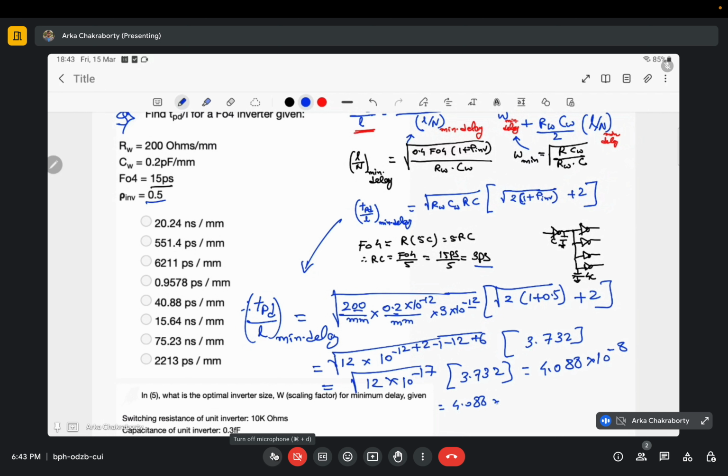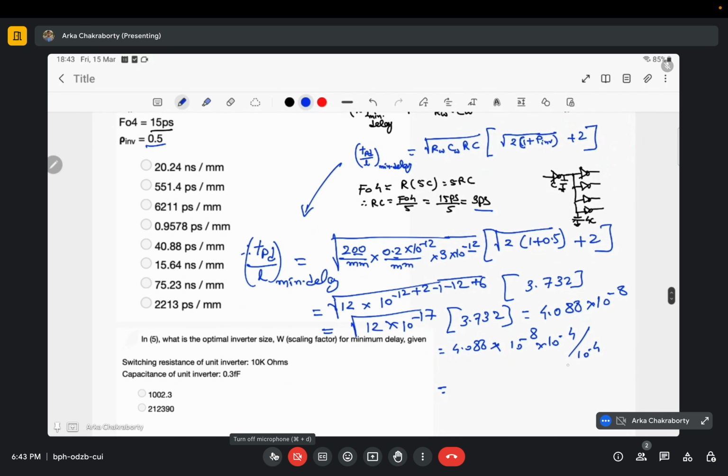And 10 to the power minus 8 can be written as 10 to the power minus 4 divided by 10 to the power minus 4, so I want to write it as pico.